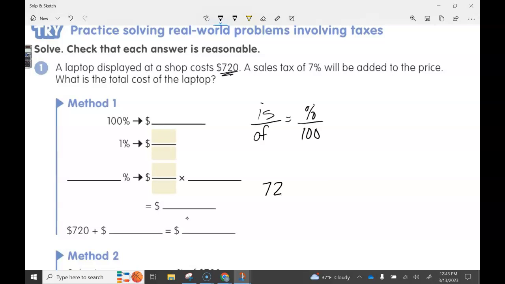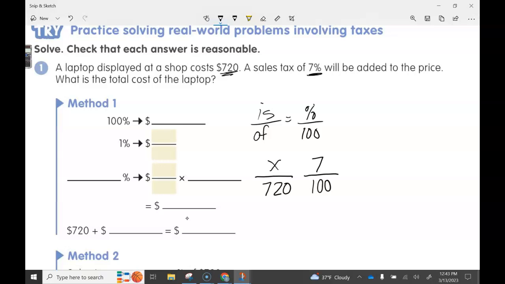We also see a sales tax of 7%. So that's going to be a 7 over 100. Anytime we see a percentage there, it's going to go over the 100. That represents the percent. So what we don't know is the charge of tax that we'll receive.